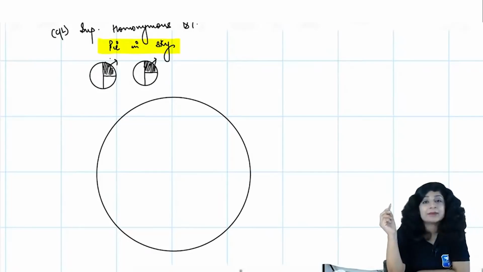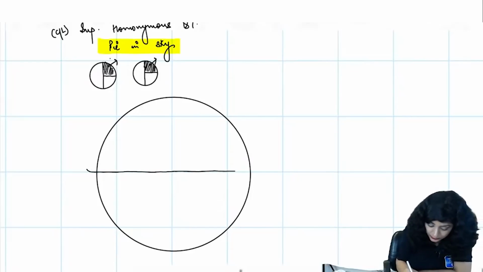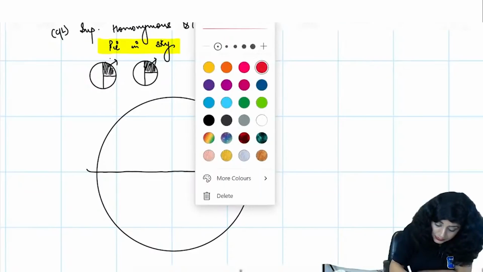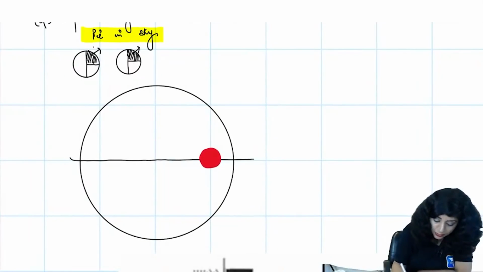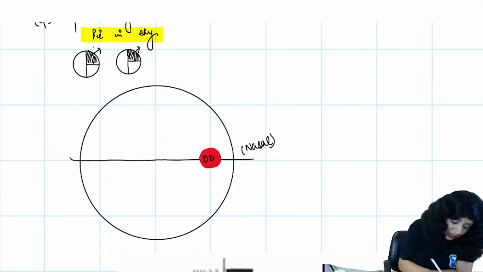If you look at the fibers of the retina, suppose it is something like this, and this is your middle one. So on the nasal side, we have the optic disc. Okay, this is your optic disc here, and this side will be your macula. So because this is the optic disc, this side will be the nasal side, and the other side will be the temporal side.